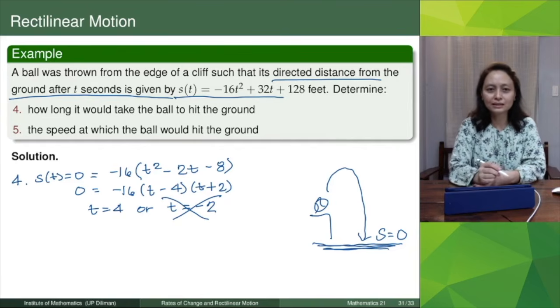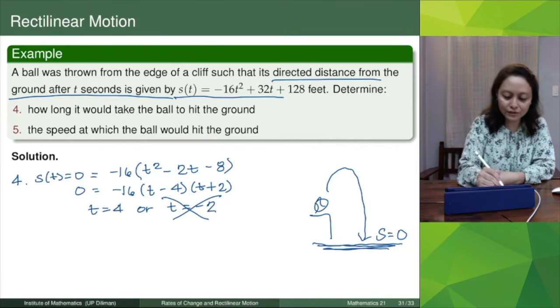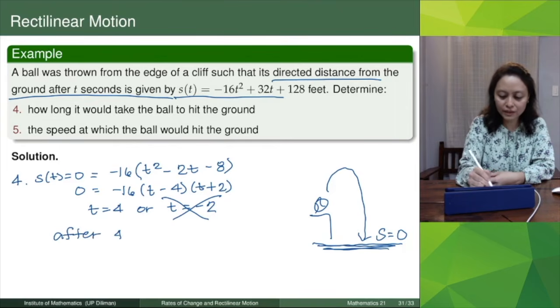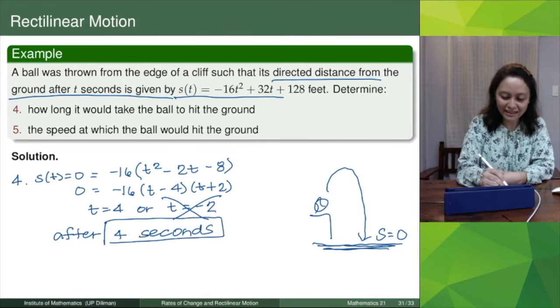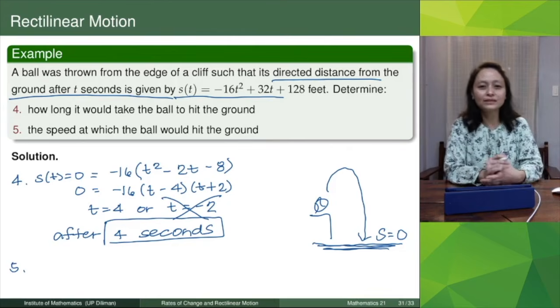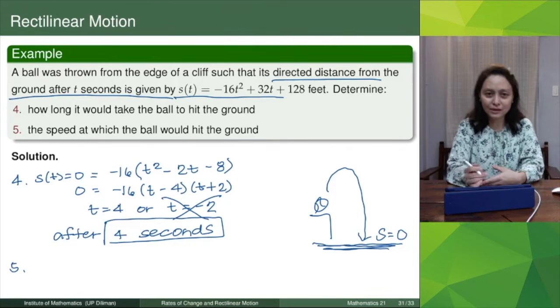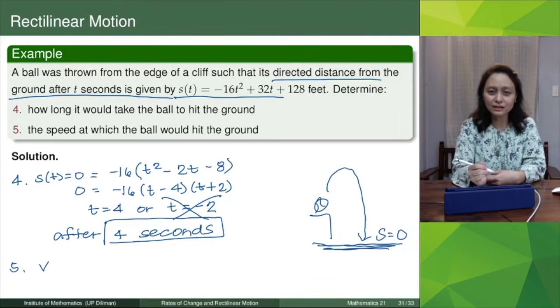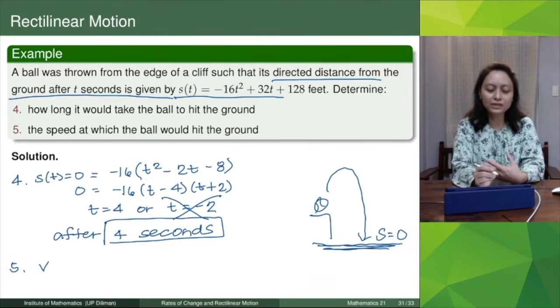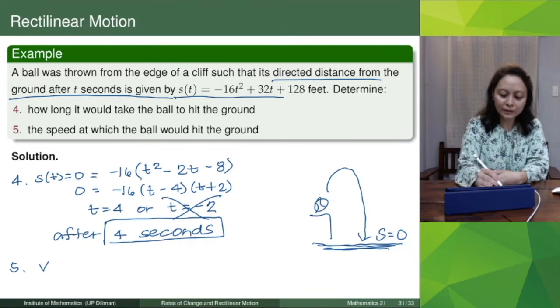So, we say that the ball will hit the ground after 4 seconds. Okay, so paki-complete na lang yung sentence. Hindi na kasi kasya dito. And then, we want to find the speed at which the ball would hit the ground. So, velocity. Ang speed ay absolute value ng velocity. Kunin muna natin yung velocity. The velocity at 4 seconds.